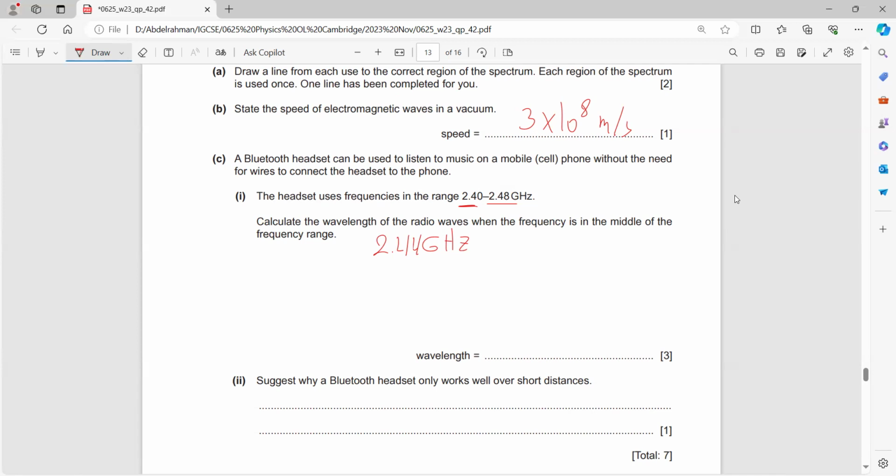Wait, we have the speed, the speed is constant. Wavelength equals speed over frequency.